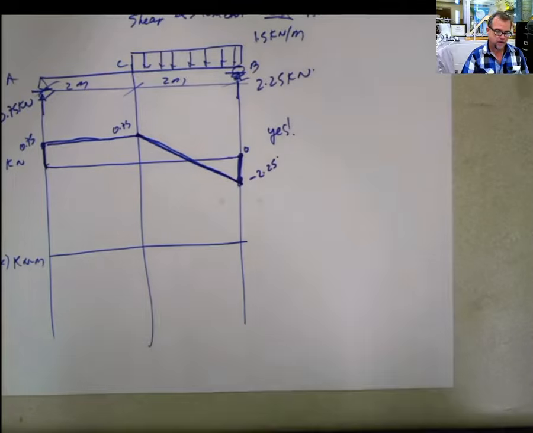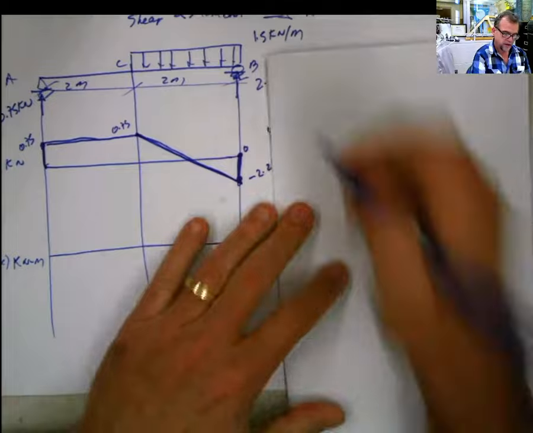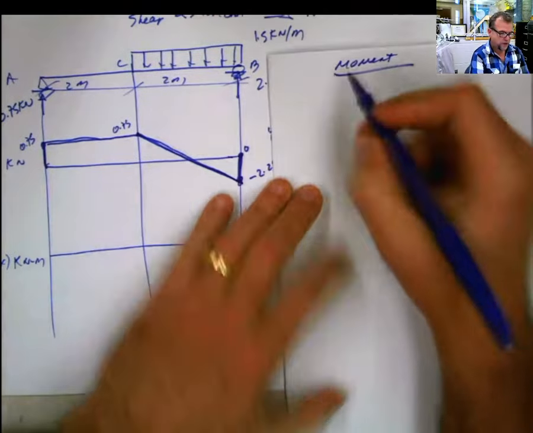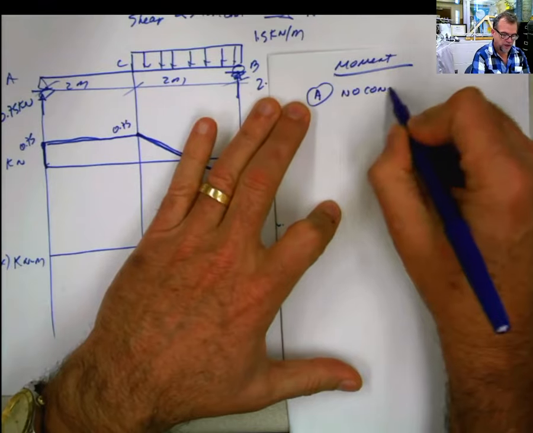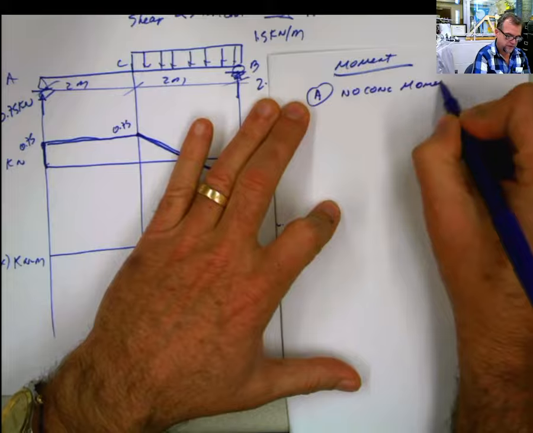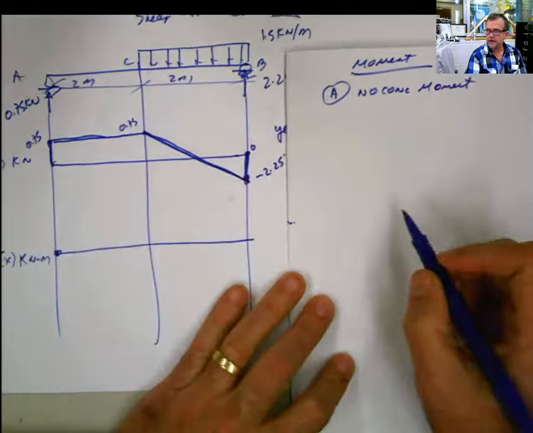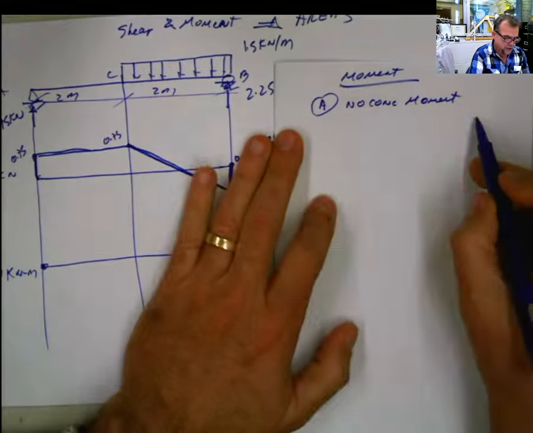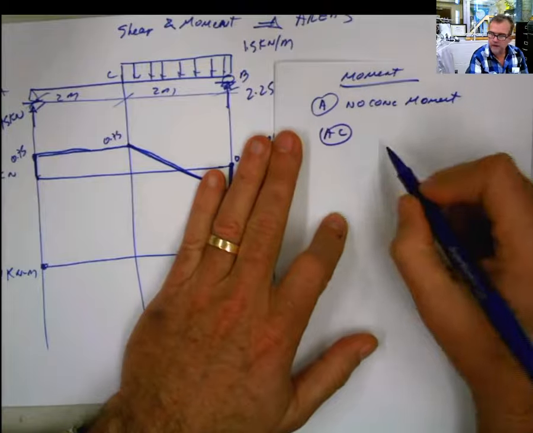I'm gonna do moment here to save some trees. Moment. Point A: no concentrated moment. Starts from 0, it's a pin. Now, AC. What is the moment? The integral of the shear.